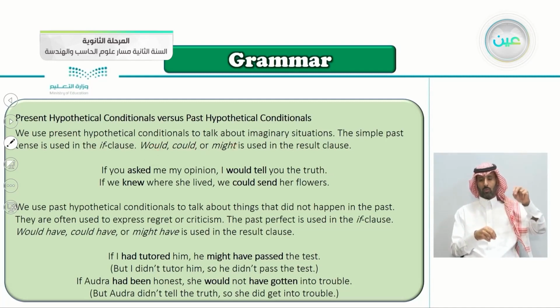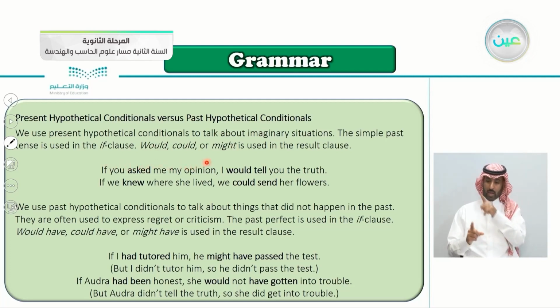Here are two examples. If you asked me my opinion, I would tell you the truth. If you asked me, so this is the past tense here. My opinion, I would tell you the truth. So this is the present hypothetical.